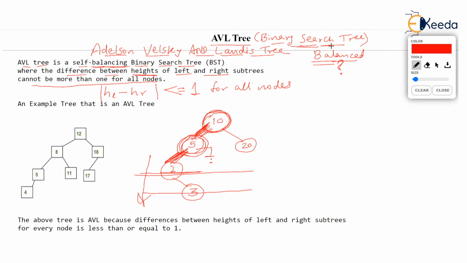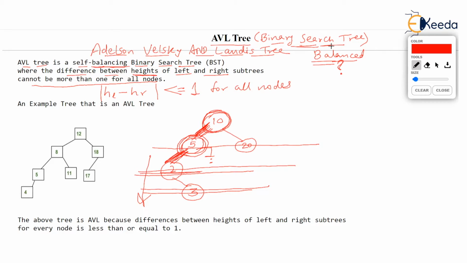You have this first level, the next level, and the next level. So I can go 3 levels deeper. So the left height of 10 is going to be 3.